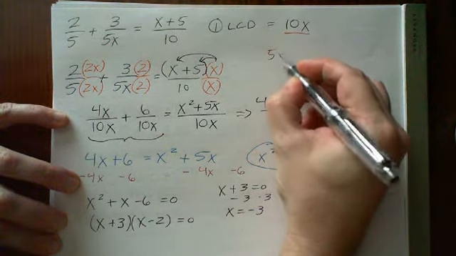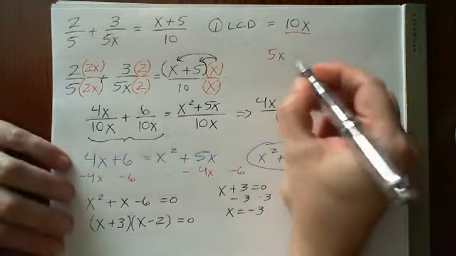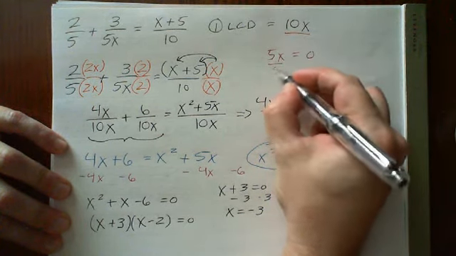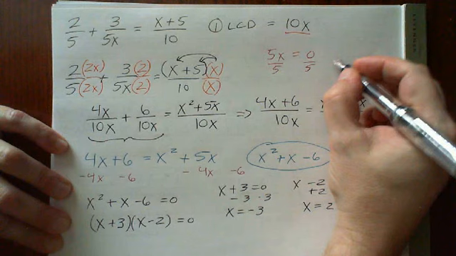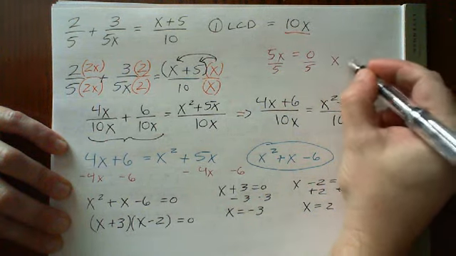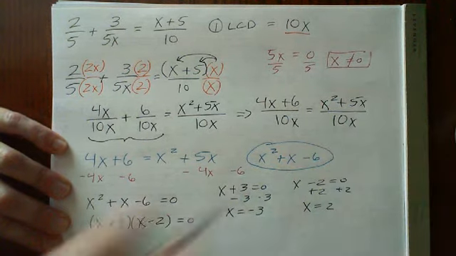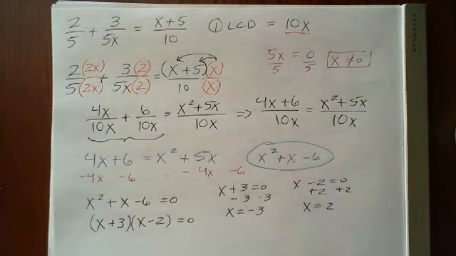Anytime you see a variable down there in the denominator, just set that term equal to 0 and solve for x. To solve for x here, I would just divide each side by 5. 0 divided by anything is 0. So x cannot equal 0 is a restriction. None of my values here are restricted values. You could still plug them in for the x value and check it if you'd like. Hope this helps.